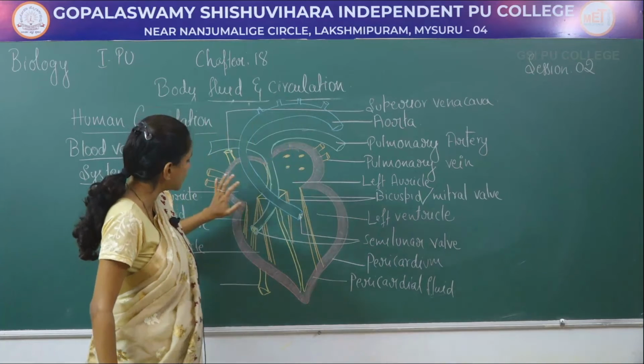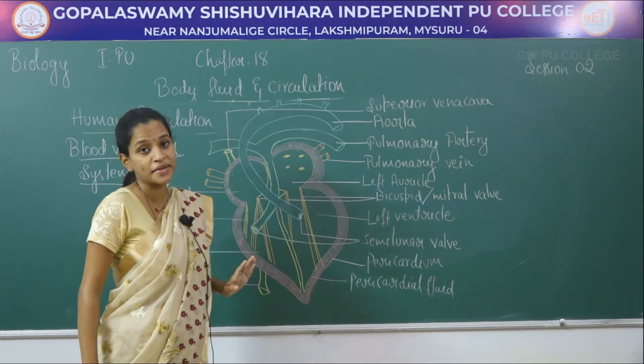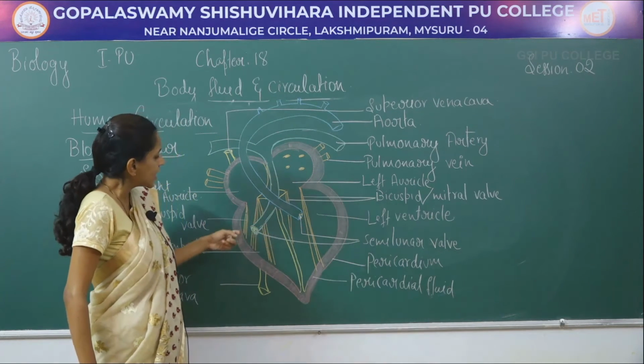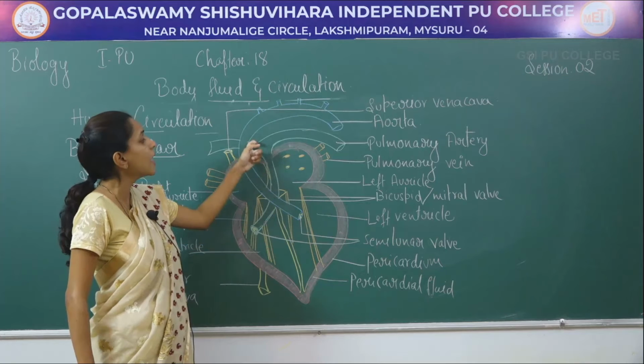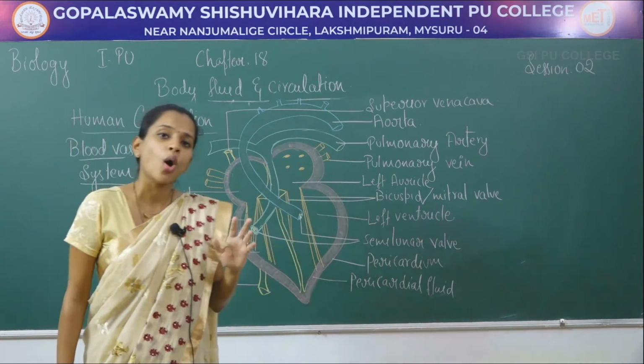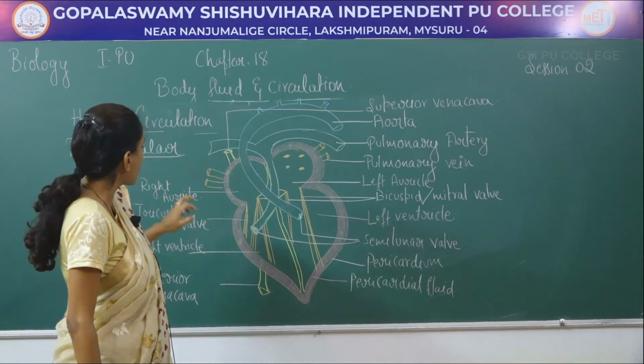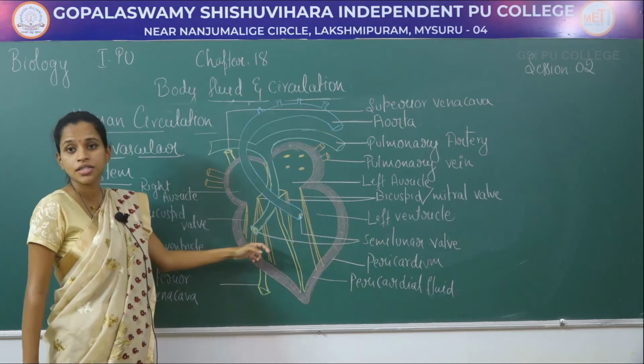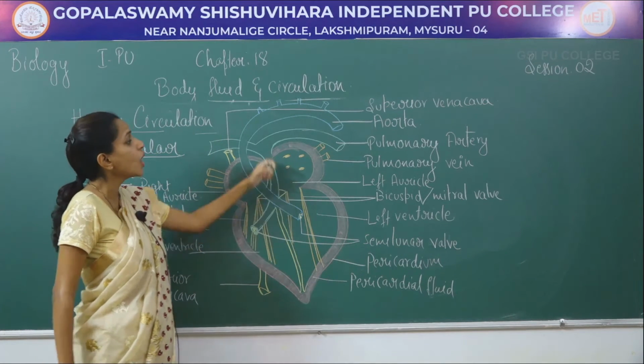Now once the blood is filled in the ventricle, it is taken up by the pulmonary artery so that it can be converted into oxygenated blood. The deoxygenated blood from the ventricle is transferred to the pulmonary artery.